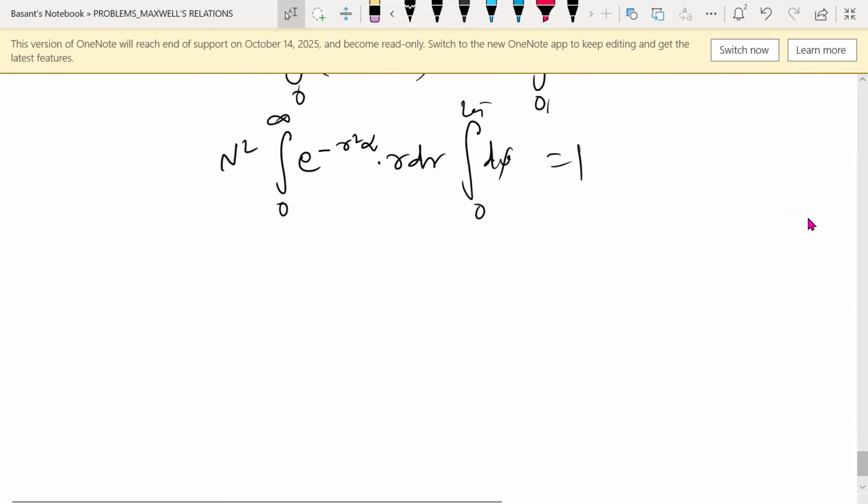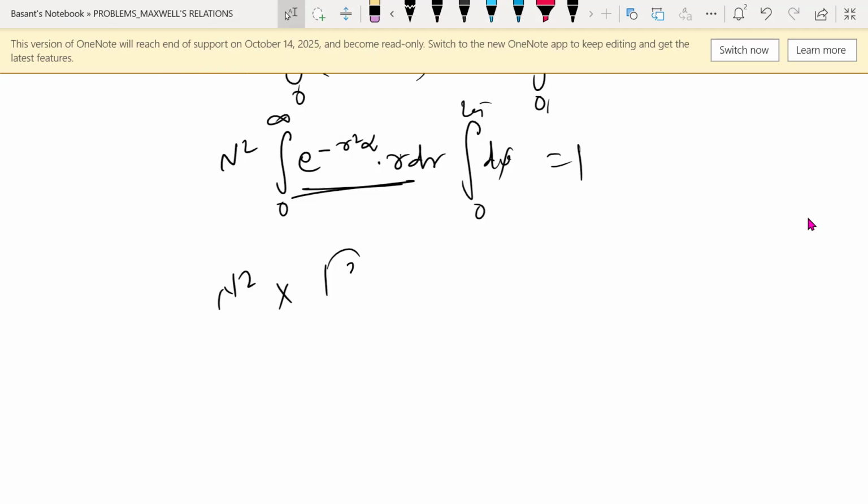What is the solution of this equation? So N square into the integration of this part is gamma of 2 by 2, divided by 2 into alpha to the power gamma function, and the gamma function is 1, and now this is multiplied by 2 pi, and this is equal to 1.